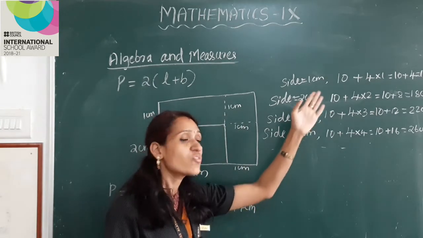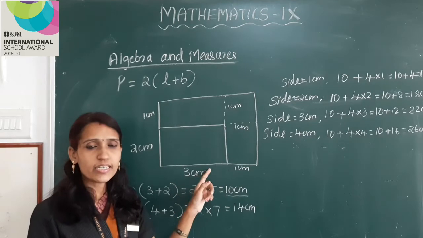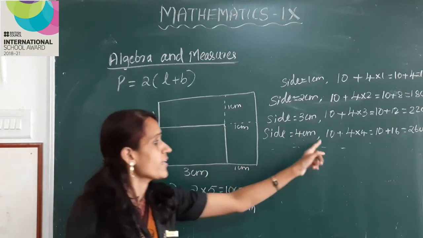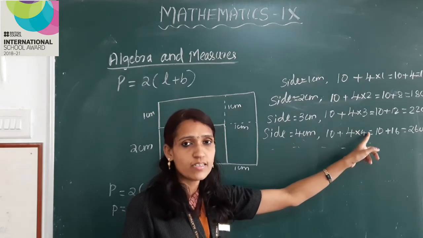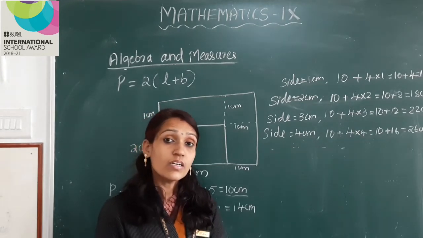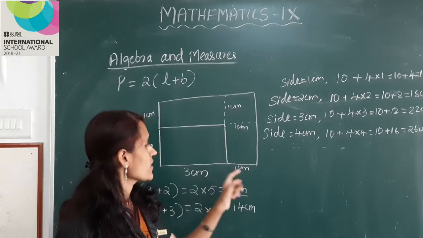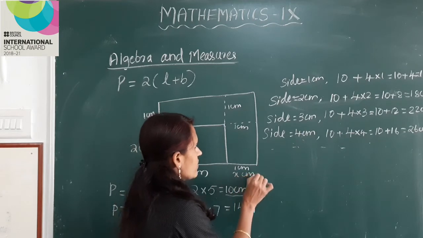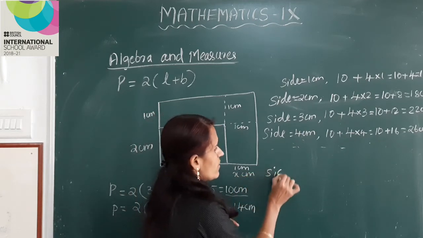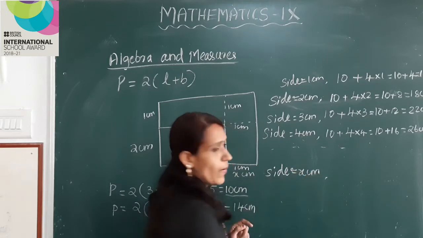From this, we can say that the perimeter of the new rectangle is 10 added to 4 times the extension of side. Right? Let us write it in algebra. All the sides are extended by x centimeter.